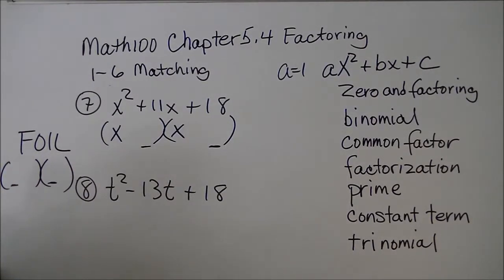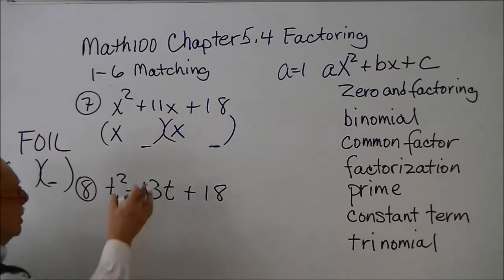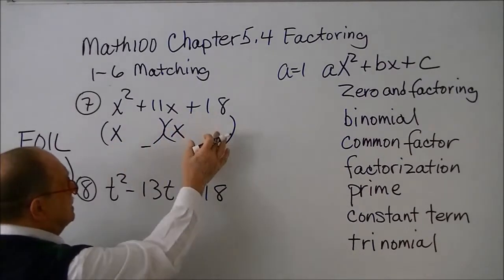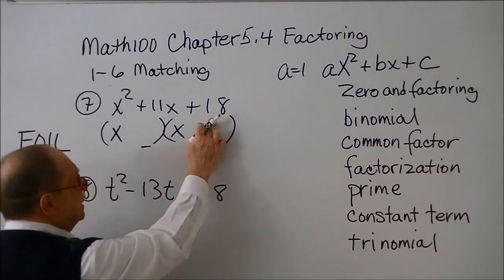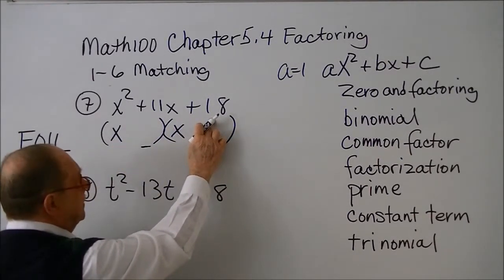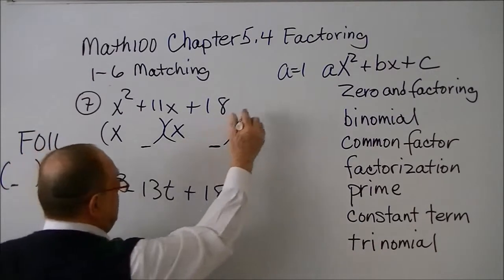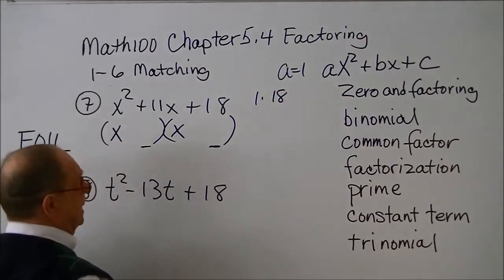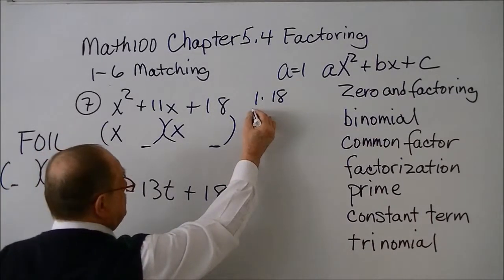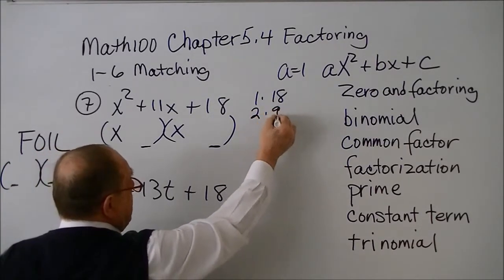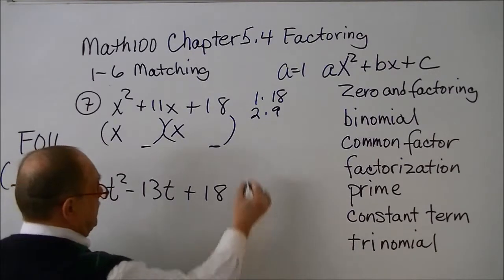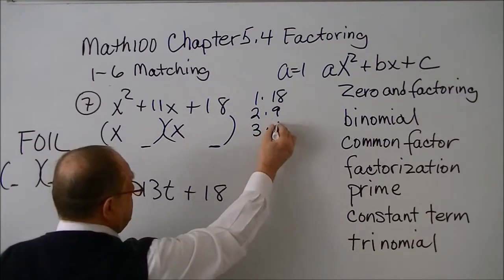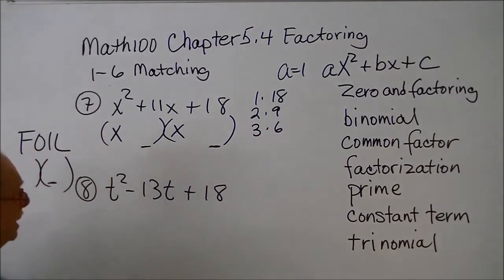So again, this is sort of the artisan, the artist in us, where we look at this and say, well, what are the factors of 18? The factors of 18 are 1 times 18, 2 times 9, 3 times 6.